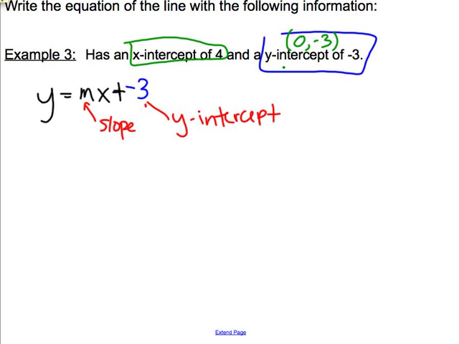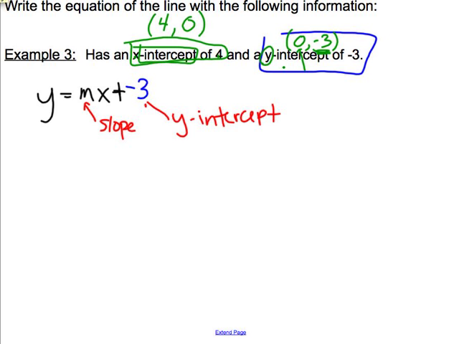X-intercept is the opposite. X-intercept means that x is 4 and y is 0. So the important thing with intercepts is to remember that somebody's 0, and you have to decide who it is that's 0. With an x-intercept, x has the number, and y is the 0 value. And with the y-intercept, it's the other way around, of course, because y now has the value, and x is 0.